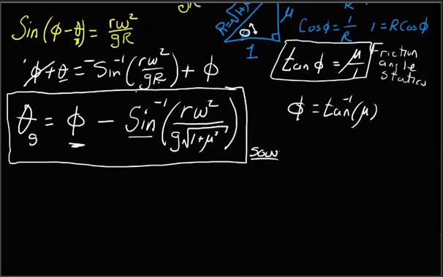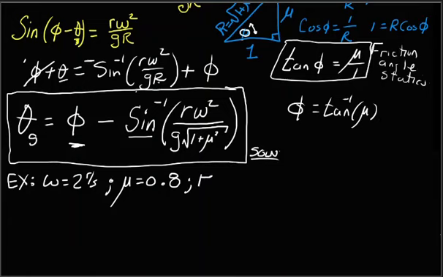So let's take a look at an example. Let's have omega be 2 radians per second. Let's take a mu of 0.8, something fairly high, and a radius of 1/2 of a meter.